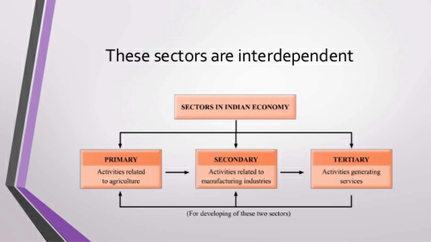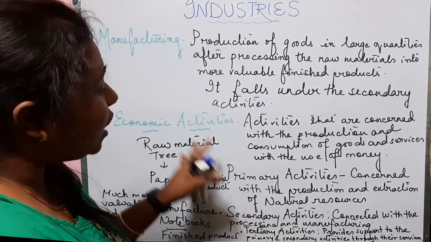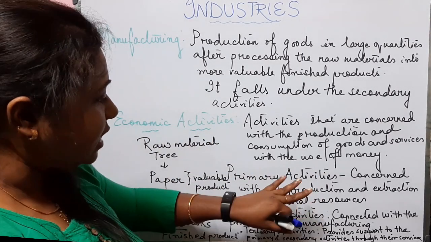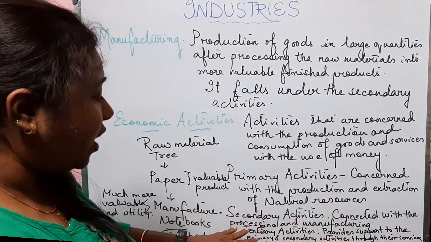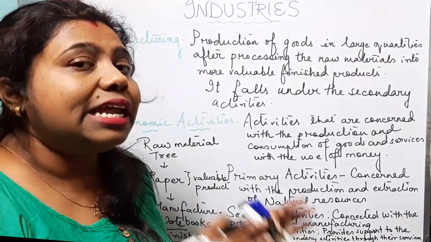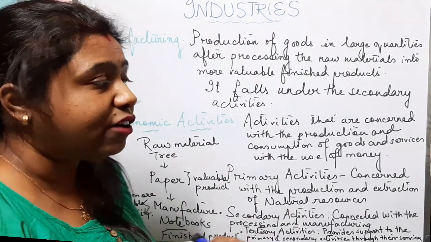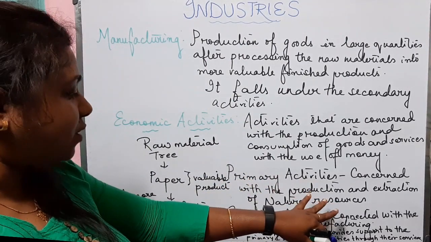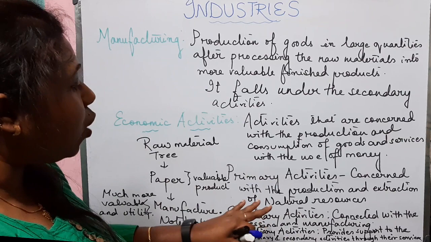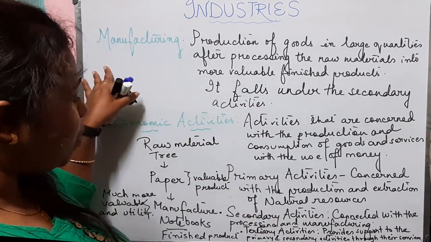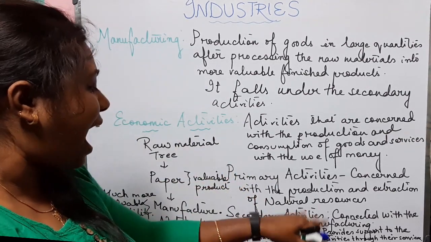So these are included in the tertiary activities. So there are three types of economic activities. They are primary activities, secondary activities and tertiary activities. The last chapter that we have read, that is agriculture, is related to the primary activities, and in this chapter we are going to read about manufacturing, which is related to the secondary activities.